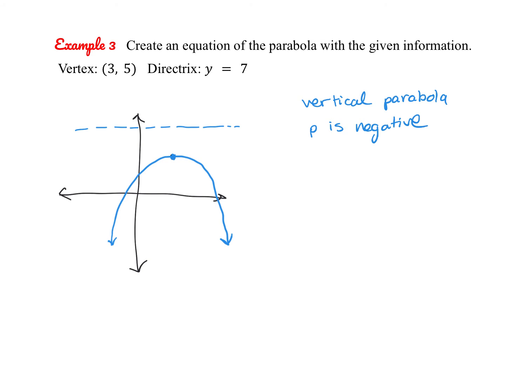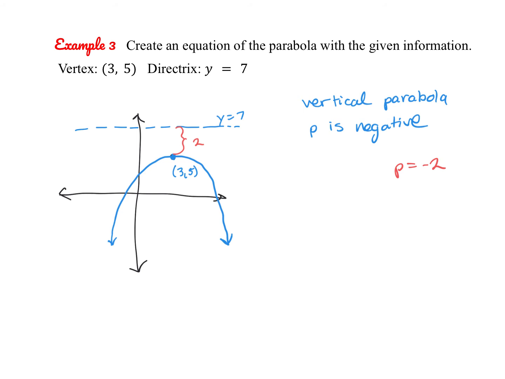I can see that the distance from my directrix, which is at y equals 7, and my vertex, which is at 3, 5, is 2. So that means my p-value is -2. Again, my focus would be somewhere down here. We don't even need to know what the focus is to make the equation.